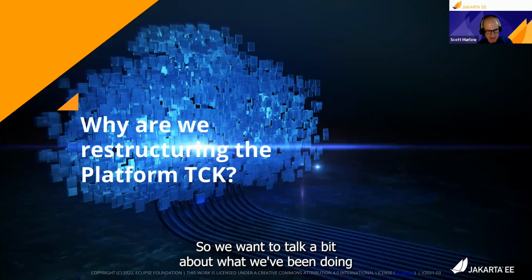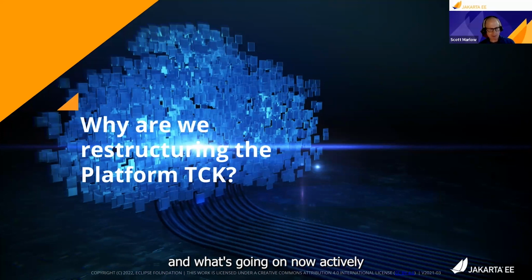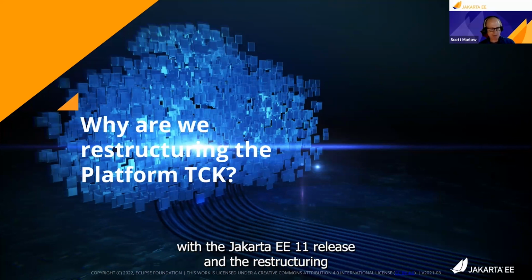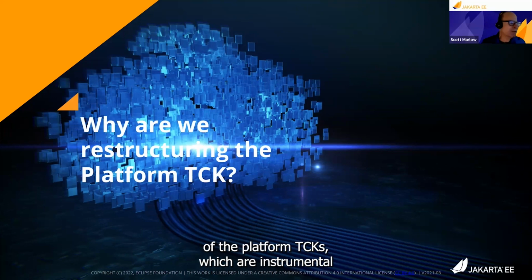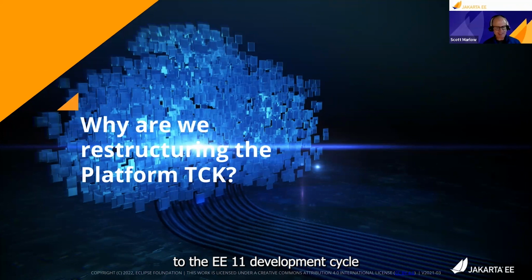So we want to talk a bit about what we've been doing and what's going on now actively with the Jakarta EE 11 release and the restructuring of the platform TCKs, which are instrumental to the EE 11 development cycle.